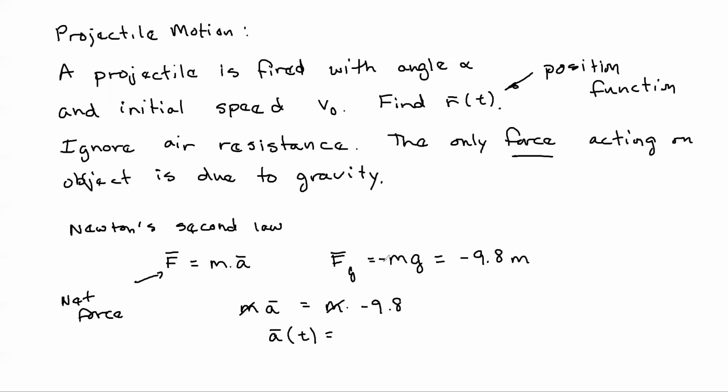Oh, whoops, hold on. Made a mistake here. The whole point of using vectors is that we can denote directions. The negative mg is acting in the j direction, not the i direction. Objects are not pulled in the x direction, they're pulled in the y direction.